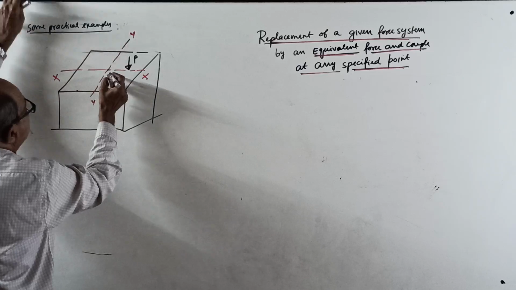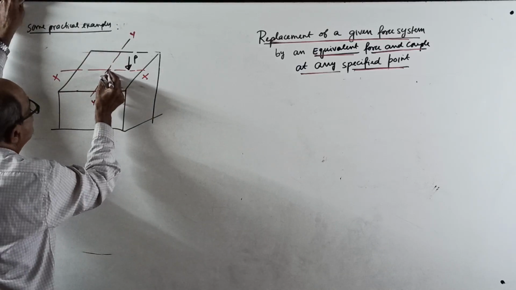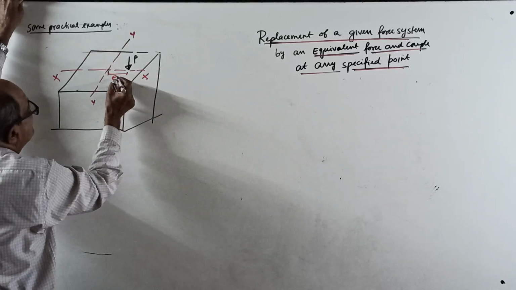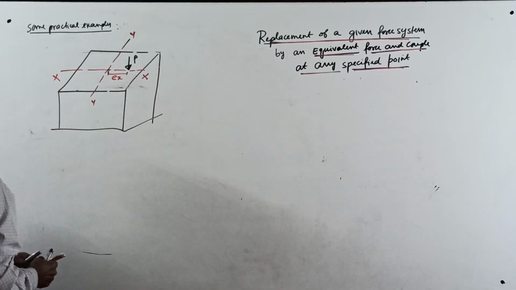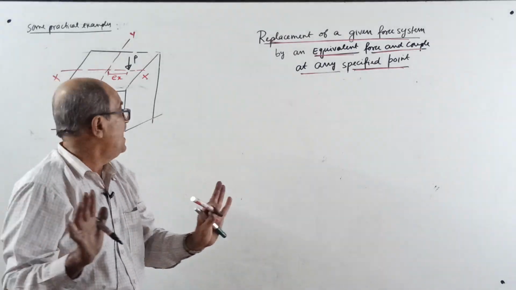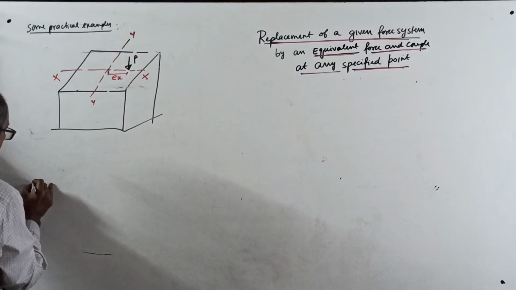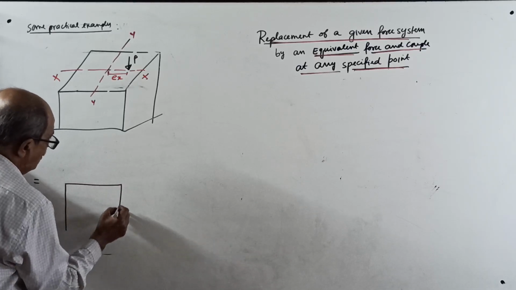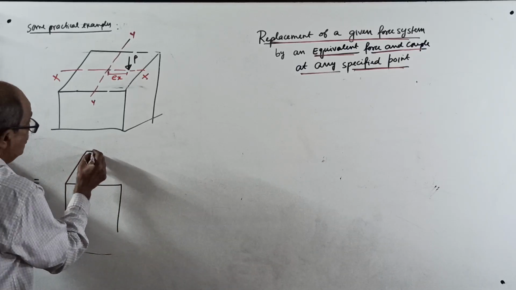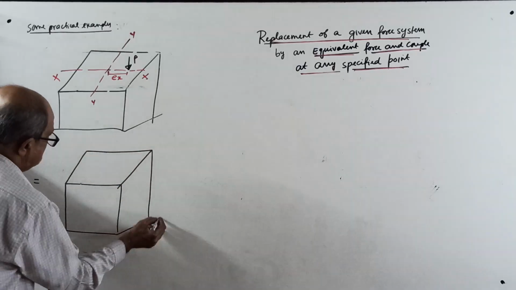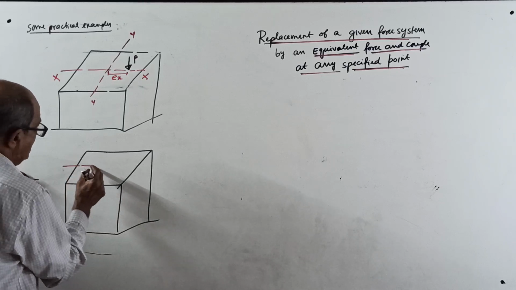P has an eccentricity of E along the x-axis, EX. This is called uniaxial. Those who want can write it. When you go for RCC design, I'll tell you what people are doing. They will mark XX, YY once again here.